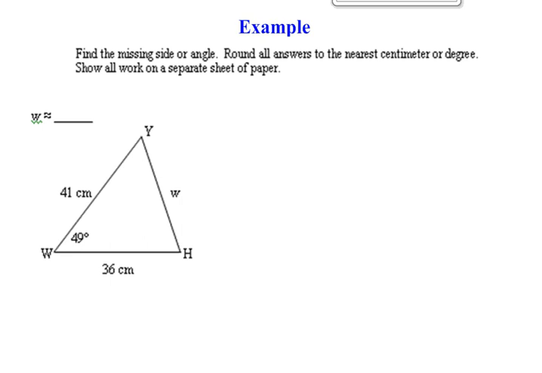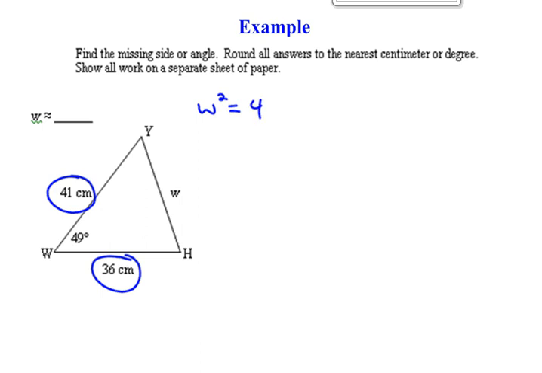So since we have to find that side length, we're going to put that at the front of the law of cosine. So it's going to look like this. W squared equals the other two sides squared. So we know the other two sides, 41 and 36.